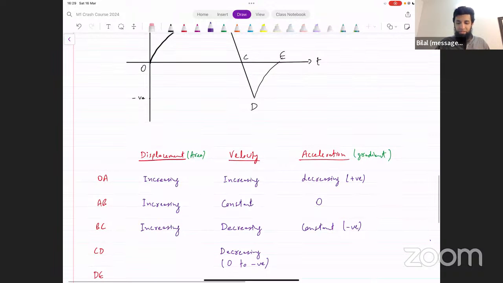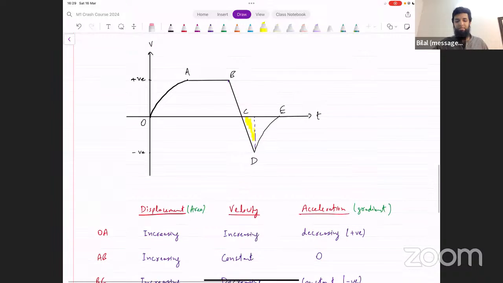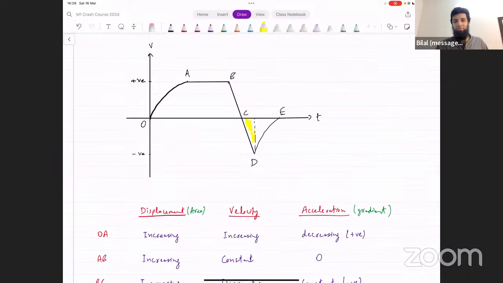What about displacement? This area is being added. However, this is area below the graph. This will be negative displacement. So displacement is going to start decreasing at this point.